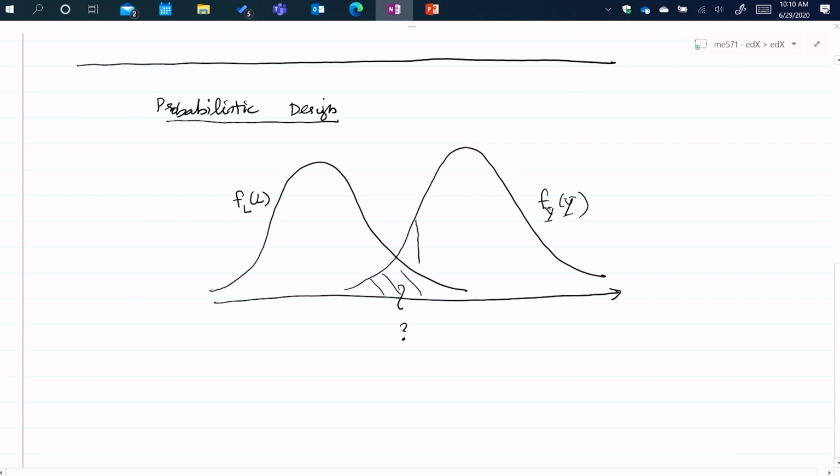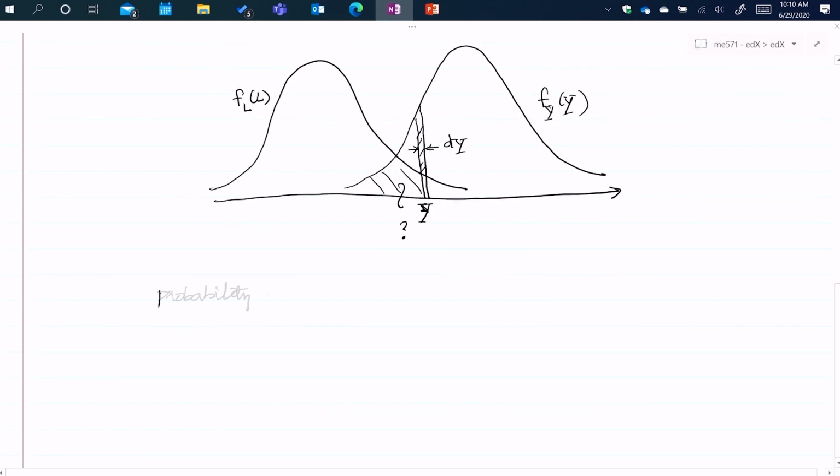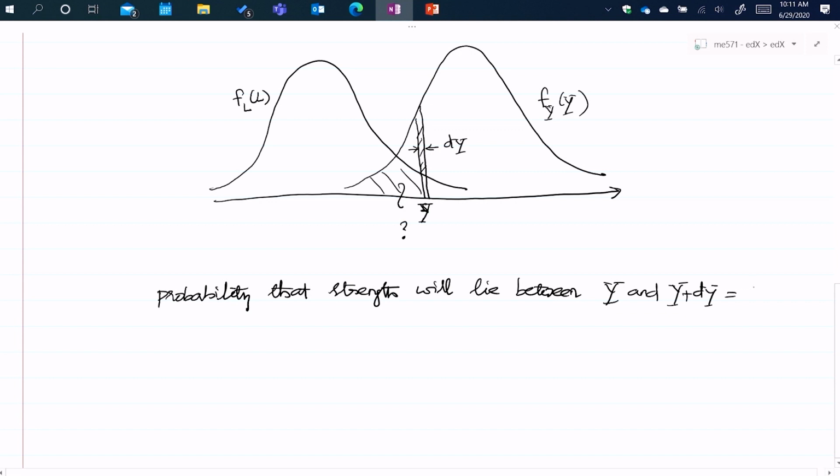One way to do that is to choose a strength value Y here, and let's say I have a differential interval dy. Then the probability that strength will lie between y and y plus dy is F sub Y of y dy.